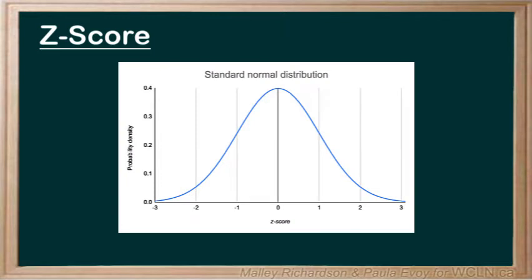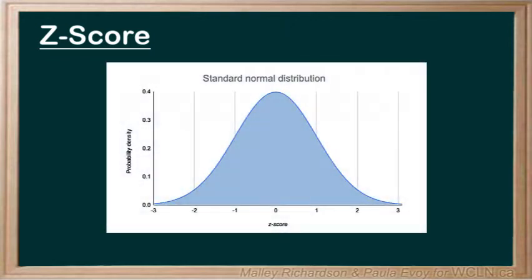Z-scores are important because each z-score has a probability associated with it. In other words, we can calculate the area under the curve at each z-score point. For example, on a standard normal distribution, a z-score of 3 means that we are looking at the area under the curve from the left to a z-score of 3.